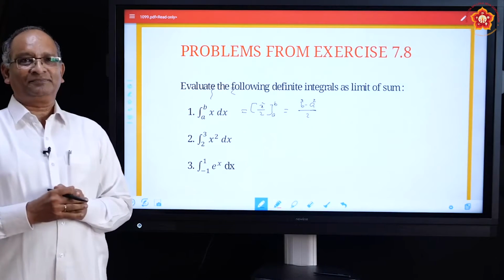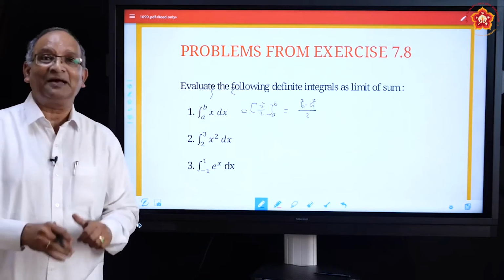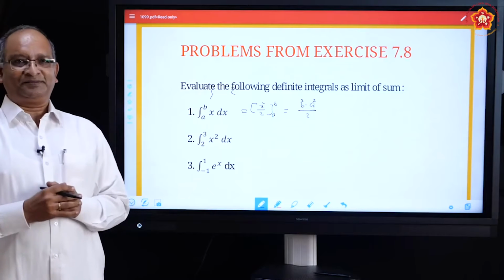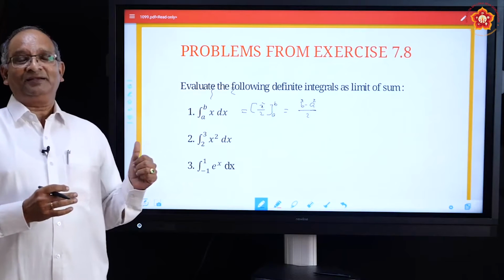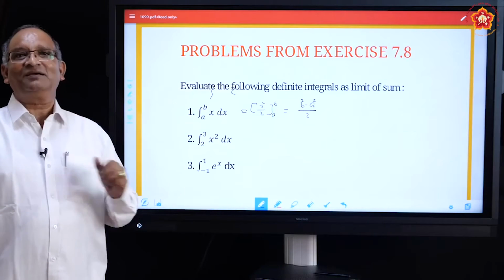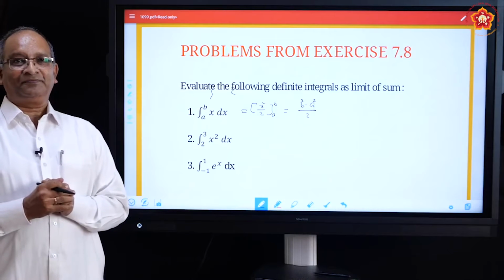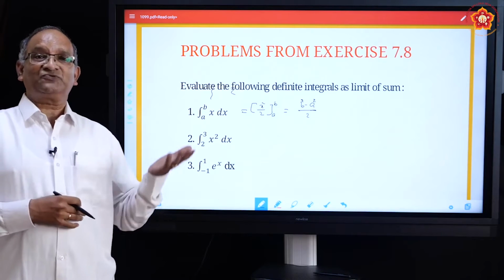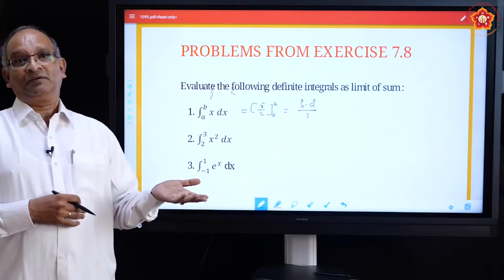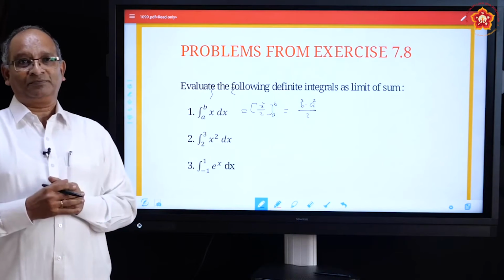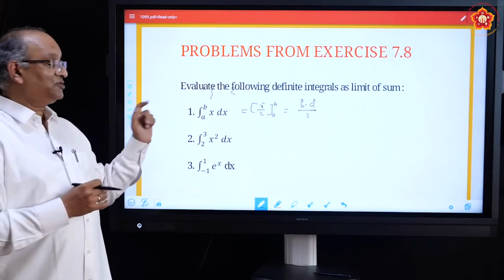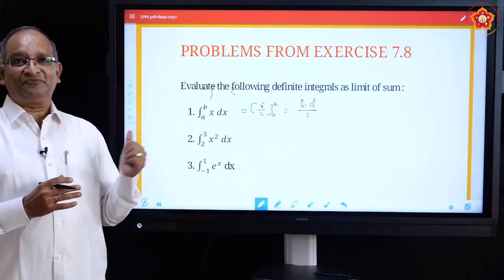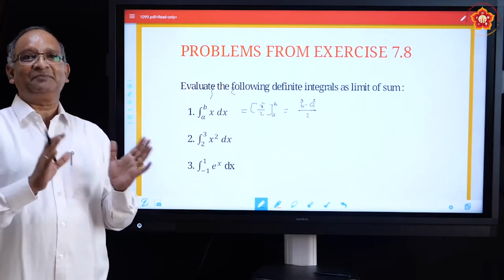So simple. But how this has come is what we have discussed. And if you follow that, the solution is going to be quite big. That's why this kind of questions are asked for 5 marks or sometimes even more. Whereas, if the same question is asked for 1 mark, they don't expect you to do by the process which we have learnt, integration as limit of sum.